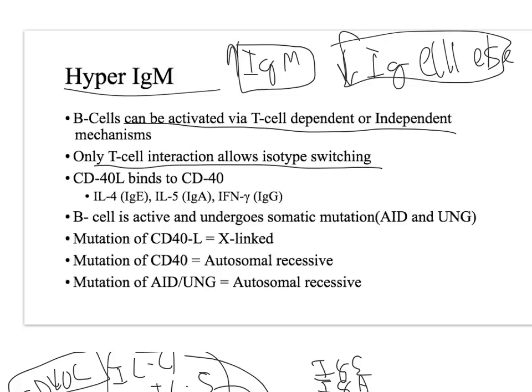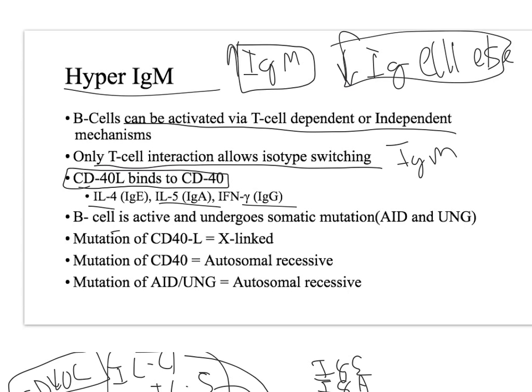A B cell always produces IgM whenever they first start making antibodies, whenever they first get their VDJ recombination done. And then in order to switch to producing something else, they have to have CD40 ligand bind to CD40. And then, of course, you can have your interleukins and your interferons also telling exactly which of these isotypes you want to pick.